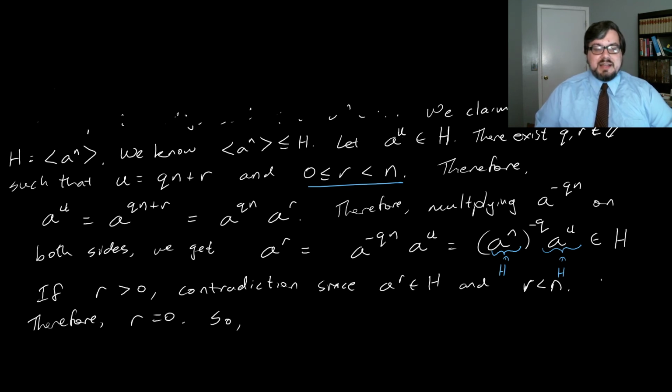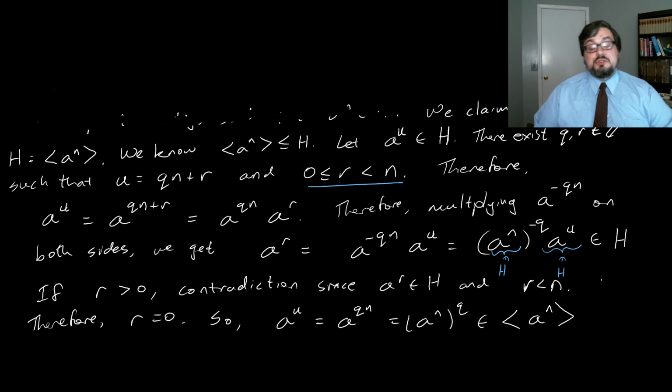So this means that a to the u, which belonged to H, is actually equal to a to the qn, which is a to the n to the q, which belongs to the cyclic subgroup generated by a to the n. Hence, we took an arbitrary element of H, we wrote it as a to the u, because every element of our group can be written that way, and we showed that that element had to belong to the cyclic subgroup generated by a to the n.